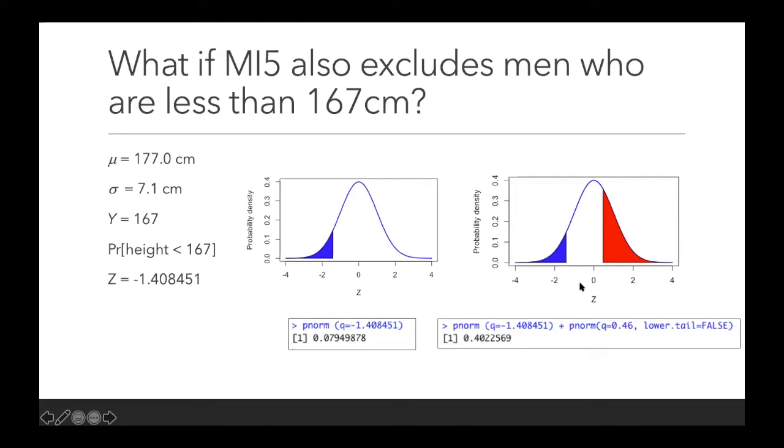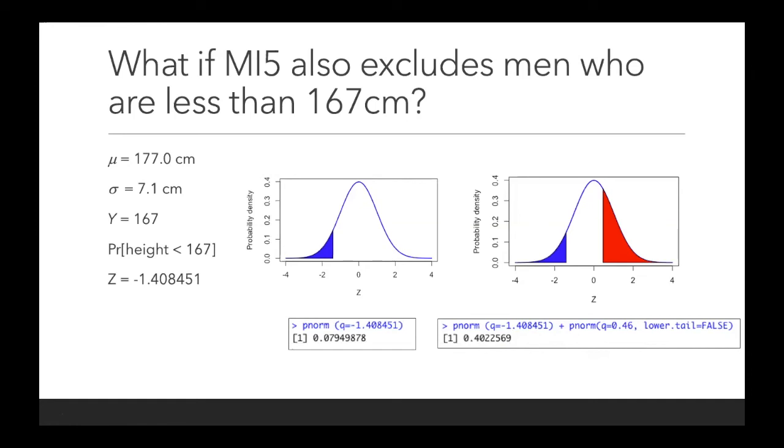And we would simply then add those two probabilities together. And that corresponds to the area in blue plus the area in red. And we can do this again using our R code with the pnorm function to sum together these two probabilities, and we would calculate that about 40% of the British male population would be excluded by these two height thresholds.